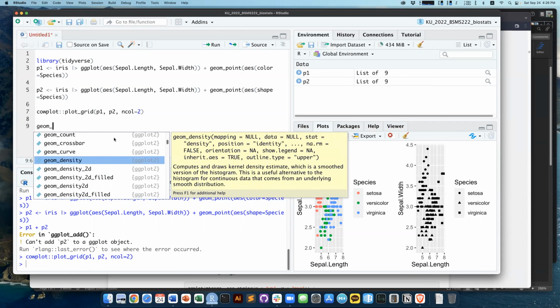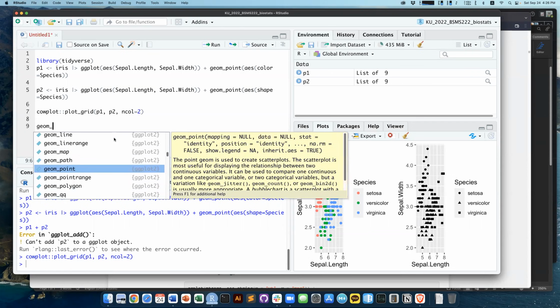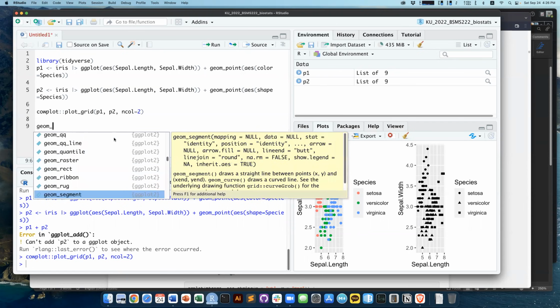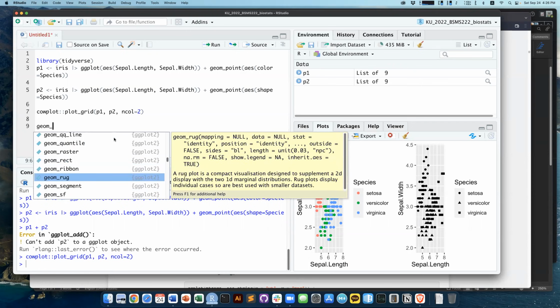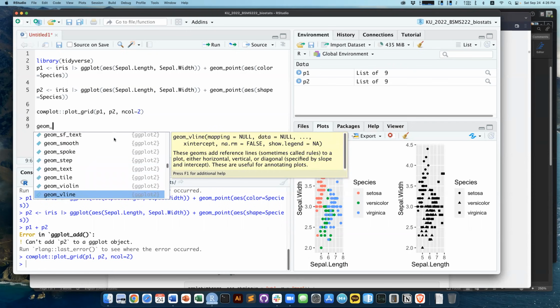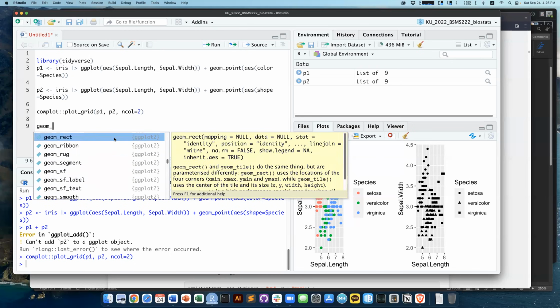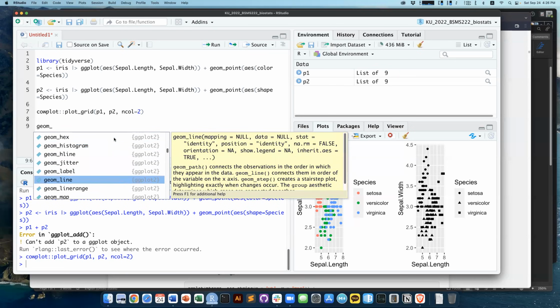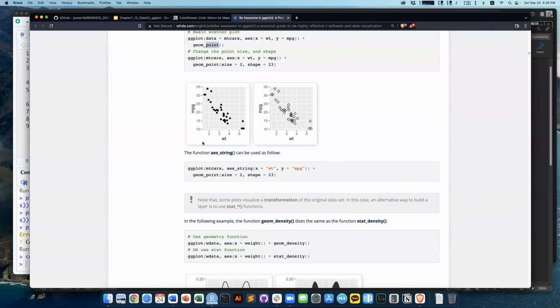Geom density is the density plot. Geom histogram is the histogram plot. Geom point is the point plot. Geom rect is where you put the squares, the tile system plot. Geom violin is the violin plot. And there is also a famous one, geom line, the line plot, right? Those types of plot are the basic things you might use frequently in the exercise.